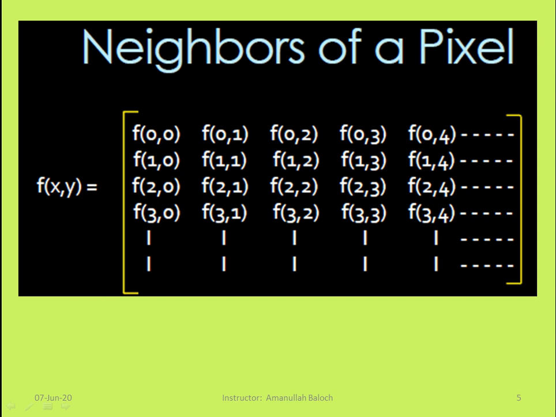Similarly, in the second row, the x coordinate becomes 1, that is row 1, and the y coordinate, that is the column, will vary. Therefore, in this row, the coordinates of the image become f of 1, 0, 1, 1, 1, 2. X is constant, while the value of y is varying toward the positive y direction. F of 1, 3, f of 1, 4, and so on. This is what happens when we convert an image into matrix form, then the coordinate values become like this.